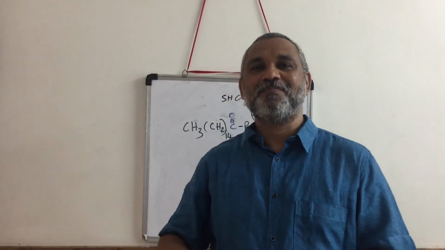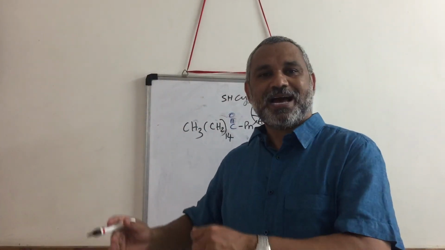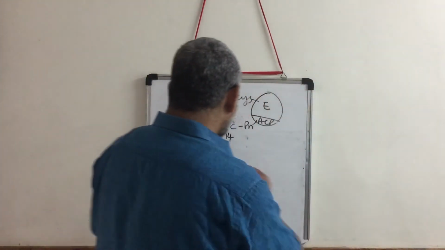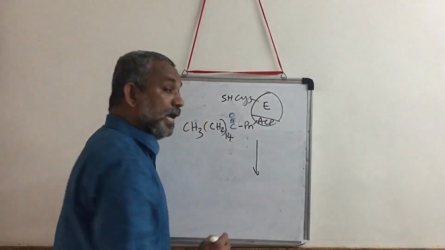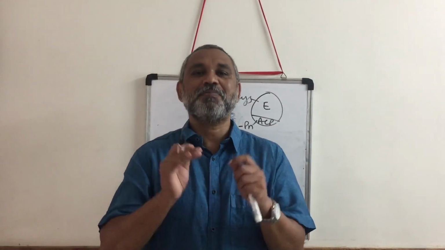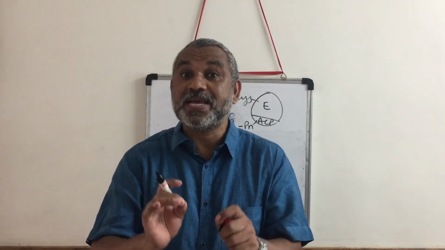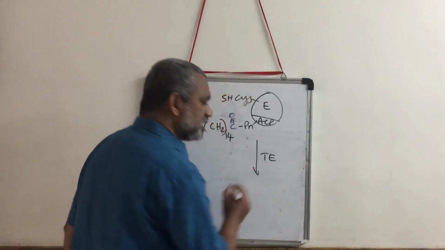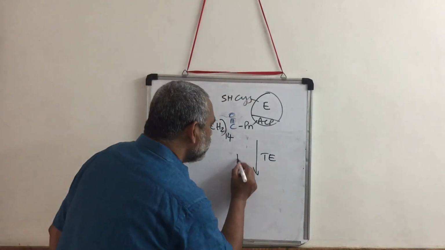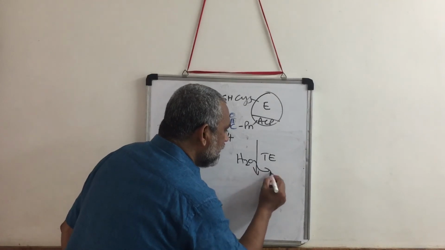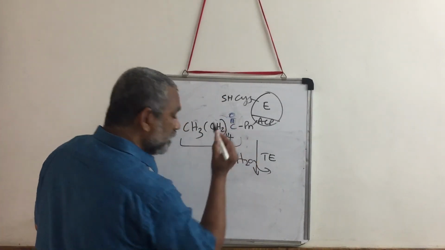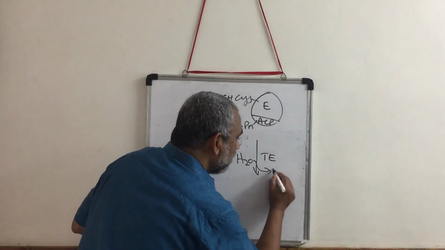That is the time acyl ACP, acyl carrier protein, will transfer this growing fatty acid into the third domain. Remember, the third domain is the palmitate release unit. It has only one enzyme, that is the thioesterase enzyme. A molecule of water is required, and that will remove this whole unit. It will remove palmitic acid.